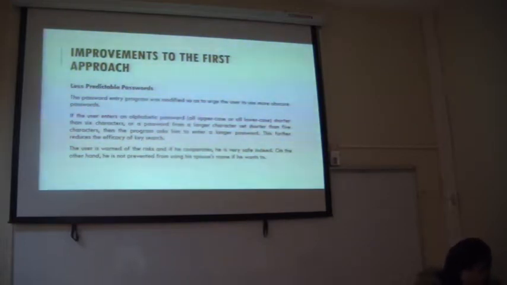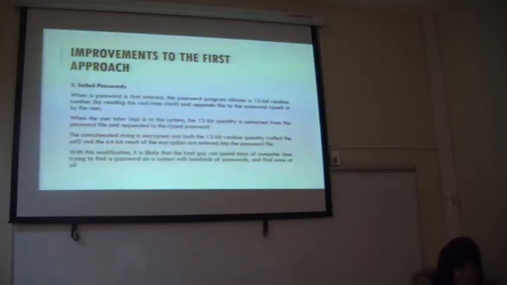The second solution is against predictable passwords. They check if the user enters an alphabetic password shorter than 6, or the user uses the same letters. They refuse this password, and want the user to enter the password again. The third solution is the stale password.